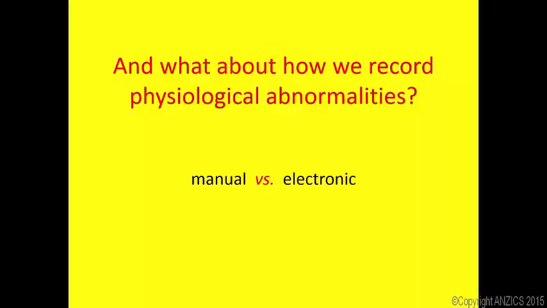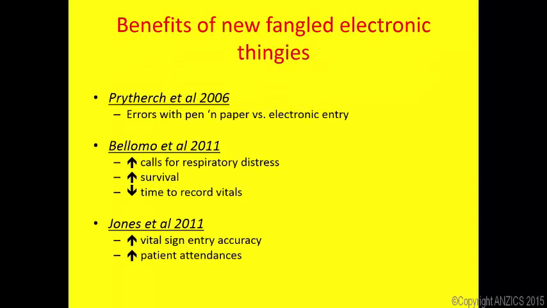And what about how we record the physiological abnormalities? Well, manual versus electronic. Some people have alluded to it, Michael DeVita for one, and Phil Sargent before. So there's a few studies out there.